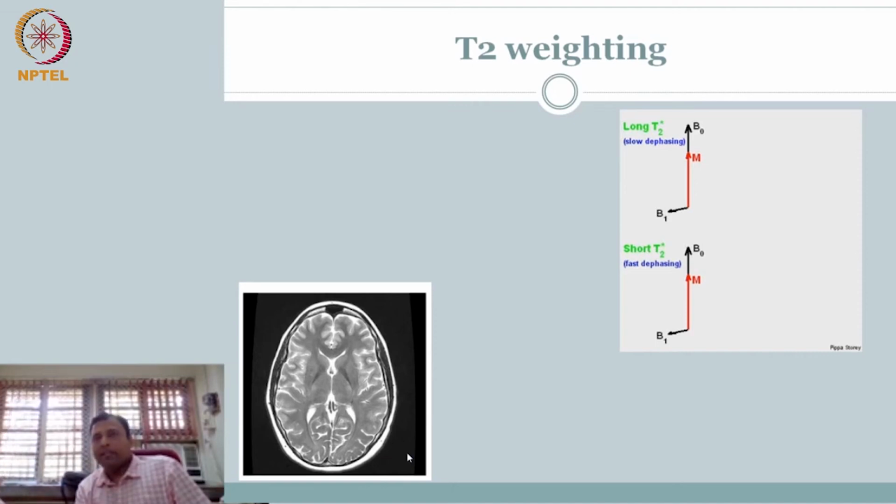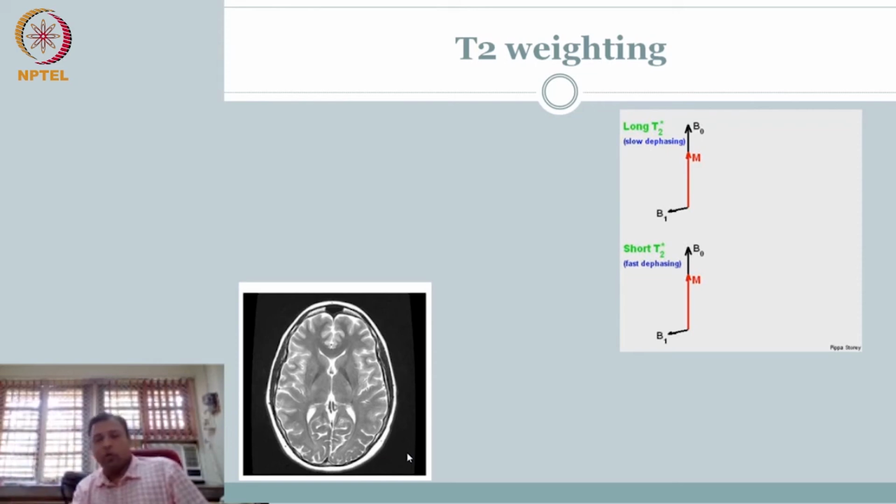But how do I minimize the effect of T1 and proton density? Right? That is the idea. How do I do that? So here also I don't care about how they start. I am interested only after it falls to the floor, how it is dephasing. So that means for different materials, I don't care about their T1 differences.